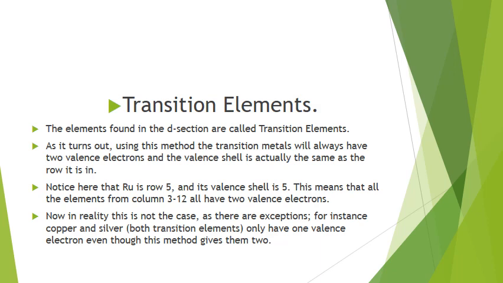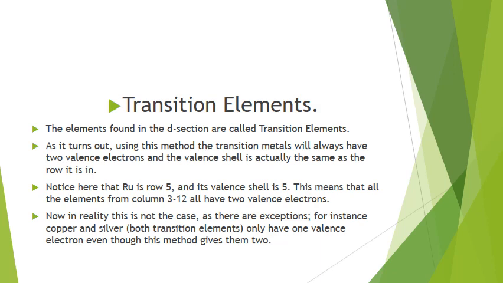The elements in the D section are called transition elements. It turns out that by using this method, no matter which element you choose among the transition elements, all the D atoms will have 2 valence electrons using this model.